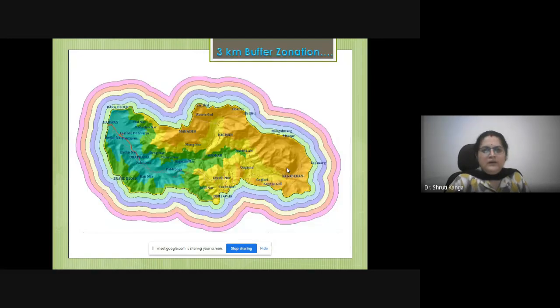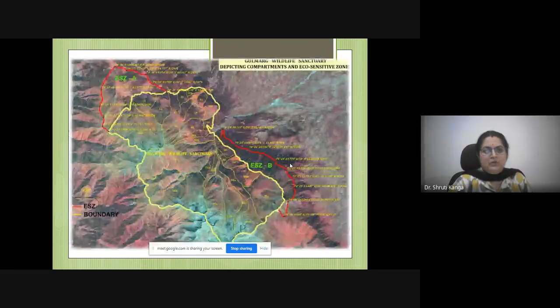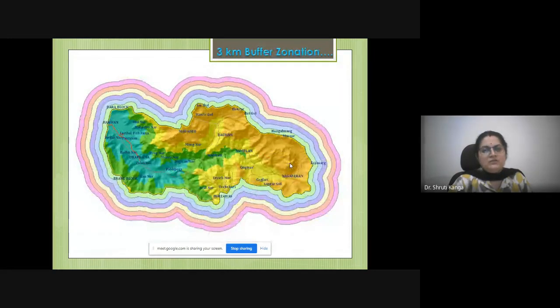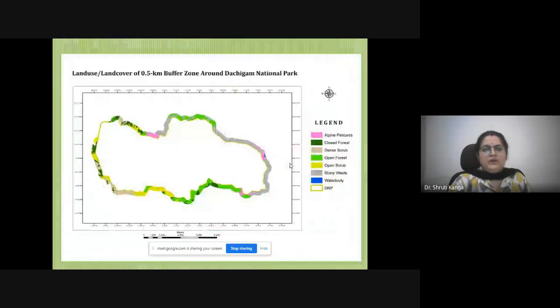Then a 3 kilometer buffer zonation has been created to calculate the sensitivity in and around these eco-sensitive zones. The 3 kilometer buffer zonation has been performed on the basis of multiple buffers. For each buffer, around 0.5 kilometer buffer zone was created in and around Dachigam National Park.